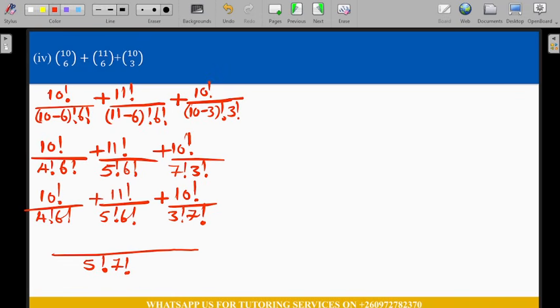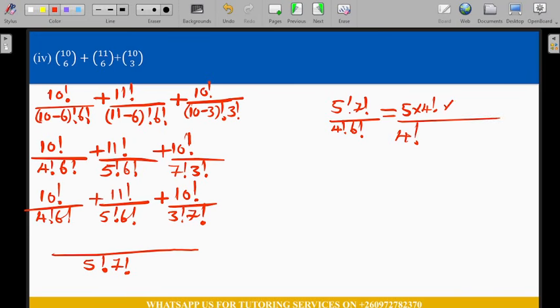So after this now, we say 5 factorial 7 factorial over the first part here, that is 4 factorial 6 factorial. So what we do here, we can reduce 5 up to 4 first, so to be 5 times 4 factorial over 4 factorial.